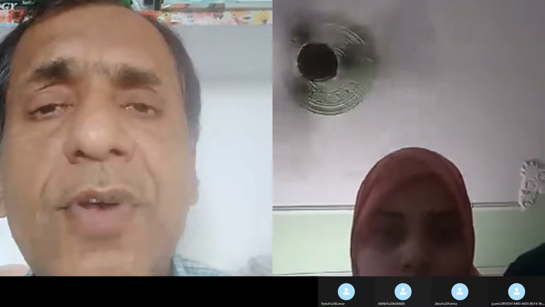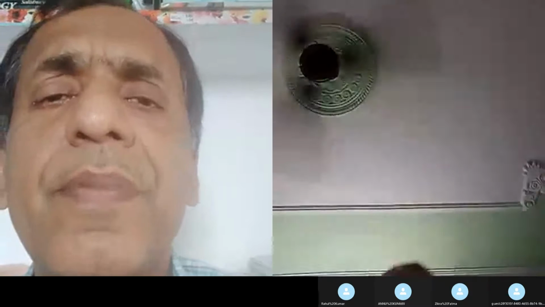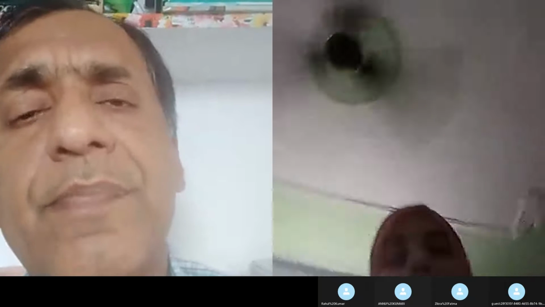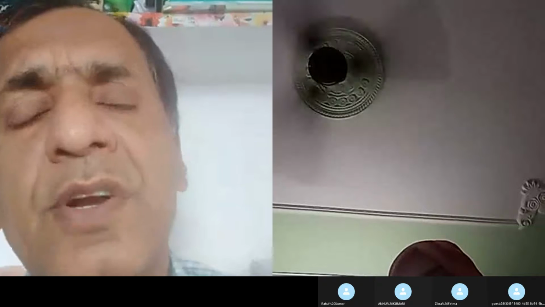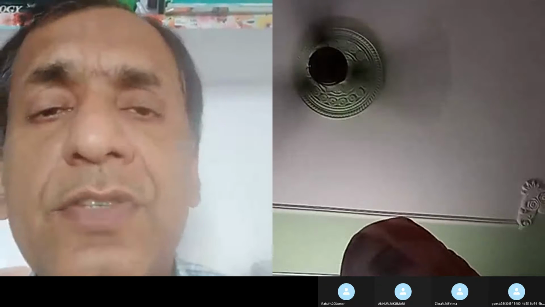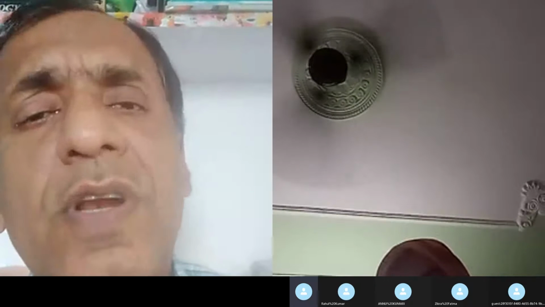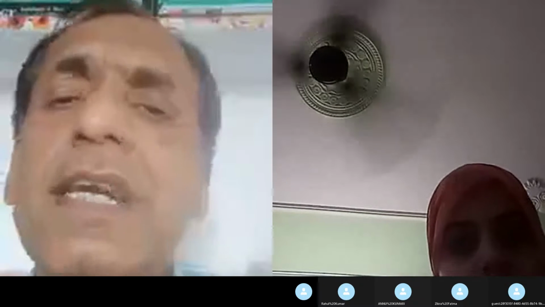These three types depend upon the number of megaspore nuclei taking part in the development of the embryo sac. If a single megaspore nucleus takes part, the embryo sac is known as monosporic. If two nuclei take part, it is known as bisporic. And if all four nuclei take part, it is known as the tetrasporic type.